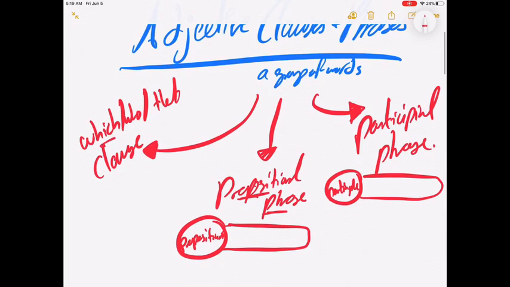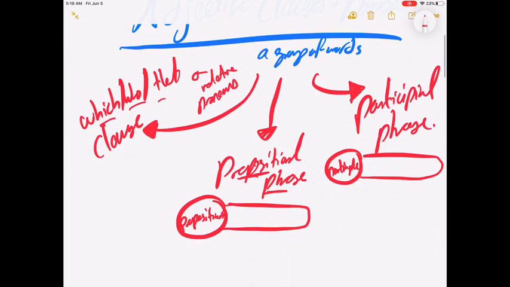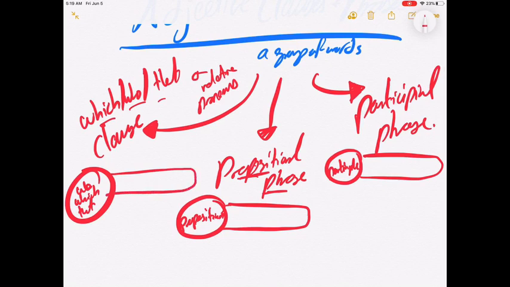And in case of which, who, that clause, these are also called relative pronouns, and they are not the only relative pronouns, but these are the ones that come most in the SAT examination. It simply begins with who, or which, or that, and a phrase.